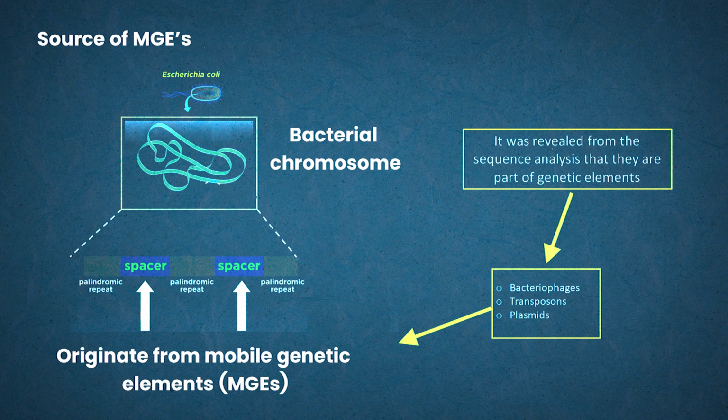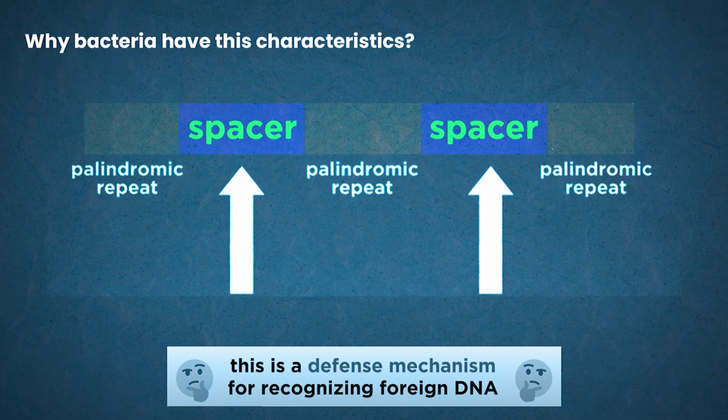These spacer molecules were thought to be junk, but now, due to recent advancements in genome sequencing, we know that these spacer molecules originate from mobile genetic elements, also termed MGEs, and they resemble bacteriophages, transposons and a lot of plasmids acquired from other organisms.